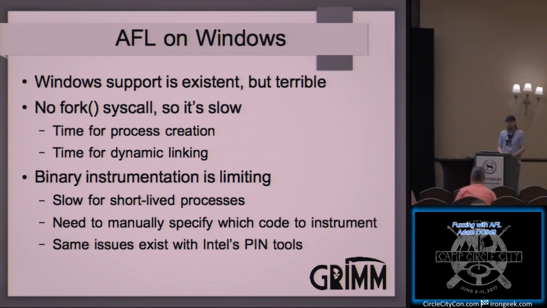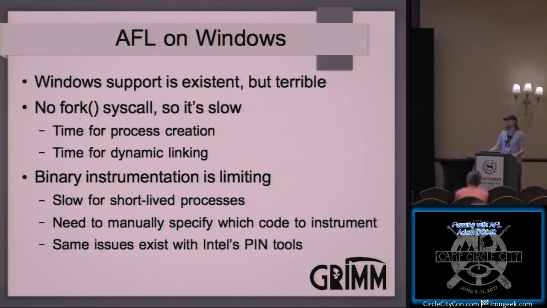So, yeah, you have all that time for process creation, dynamic linking, ASLR, all that stuff. It uses binary instrumentation, DynamoRIO, like I said. Dynamic instrumentation just in general, whatever tool you're using, is going to be slow for short-lived processes. So that's a problem.